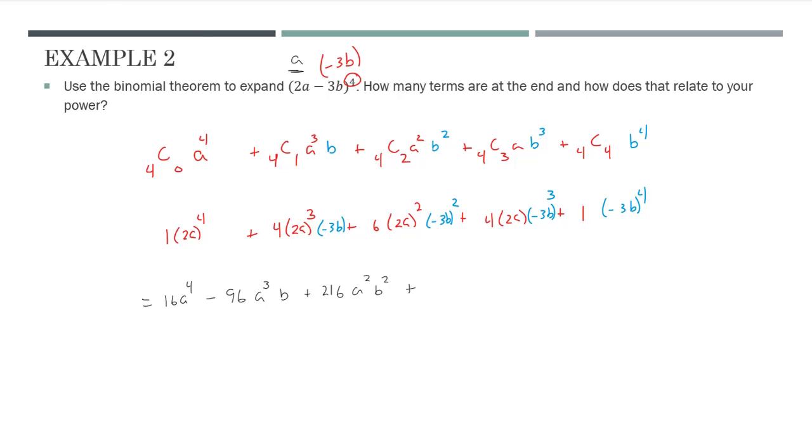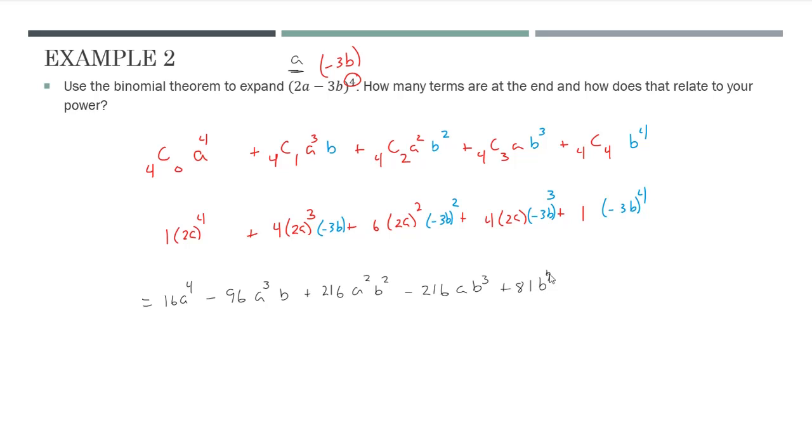So that means it's going to end up being a negative number. And you end up with negative 216. And then there's a, and then b cubed. And then the final one, it's negative 3 to the power of 4, which is 81. And then b to the power of 4.